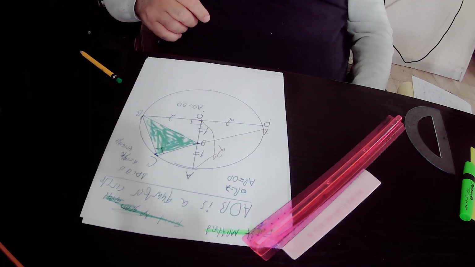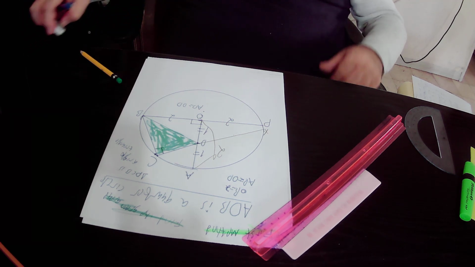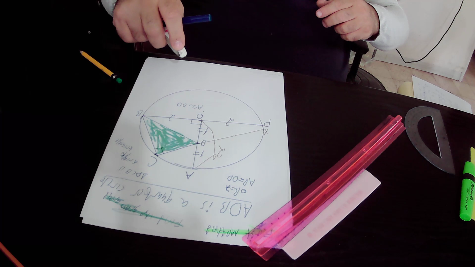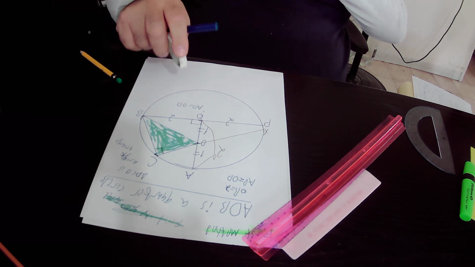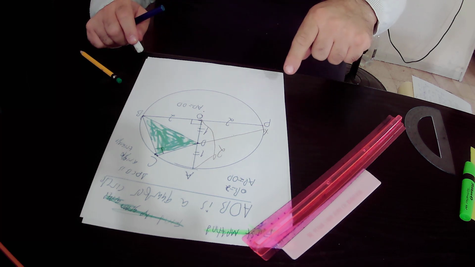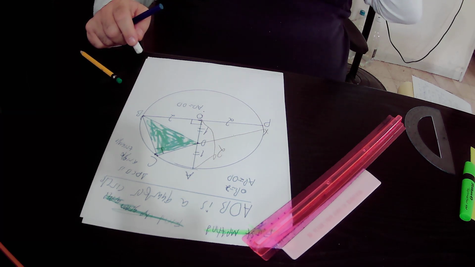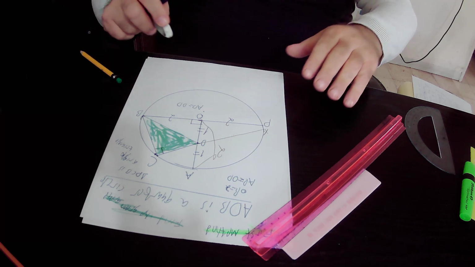That is to say, we will get here the straight line CD. When we extend the side CD by a straight line, it must touch the circle only at point P, only and only at point P, and not at any other point.